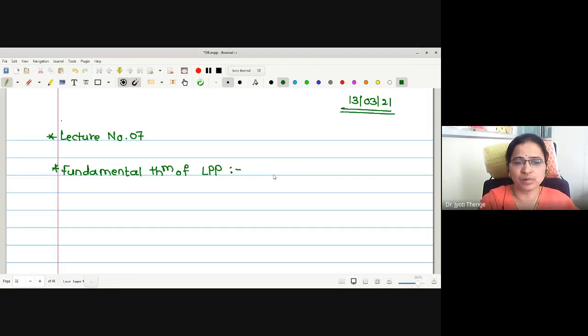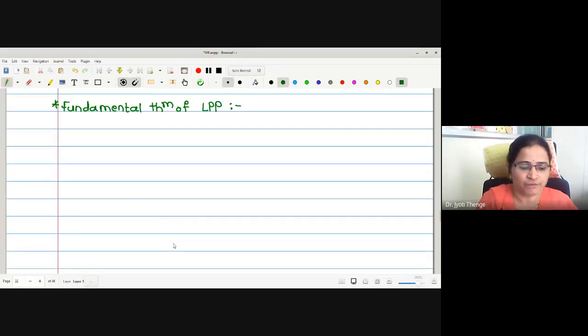Therefore, these two fundamental theorems help us understand why we consider only the extreme points of the feasible region, not all the interior points of the feasible region. Therefore, let us have a look at the first fundamental theorem.